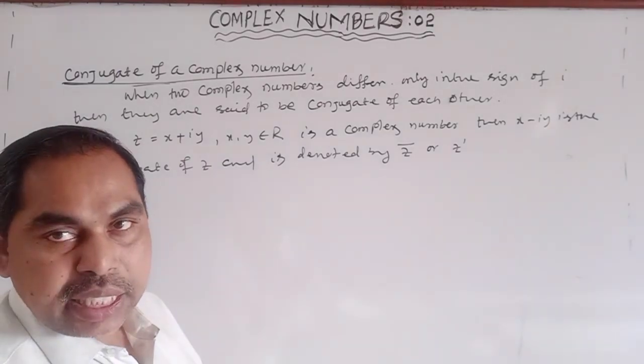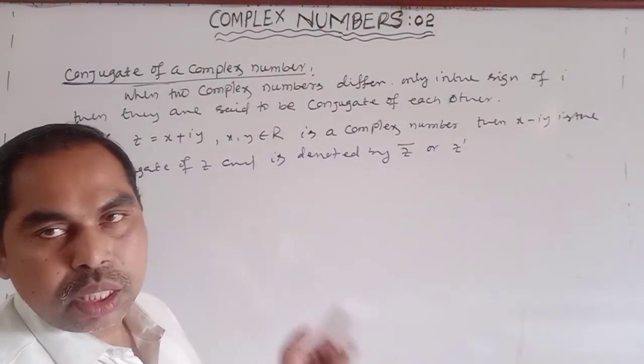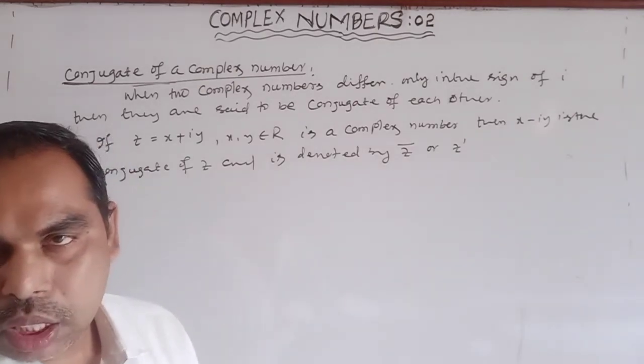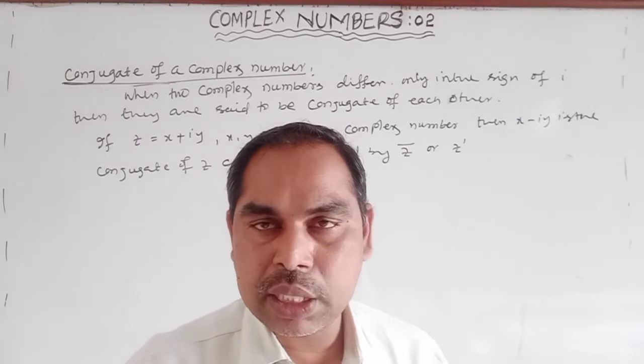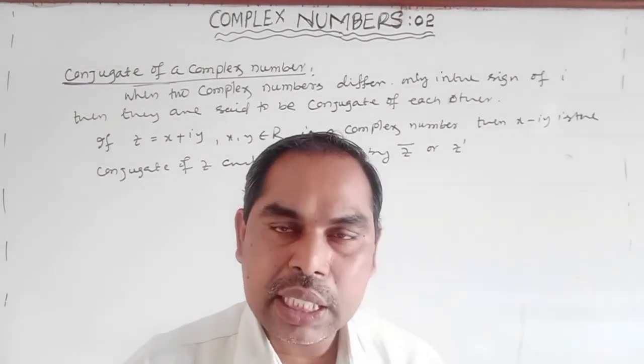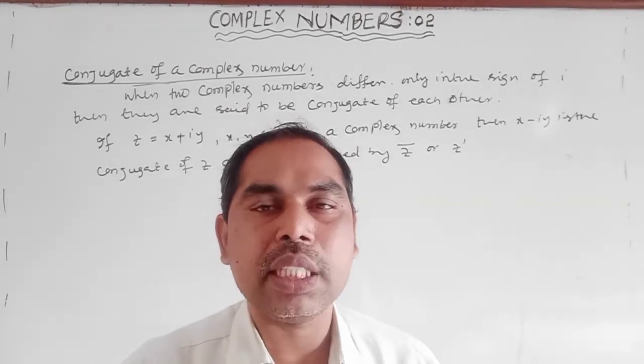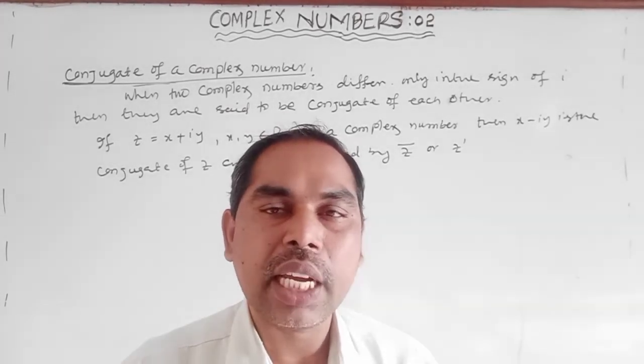Just change the sign of the imaginary part only. z bar is the complex number which is the conjugate of z. Real part same, change the sign of the imaginary part.